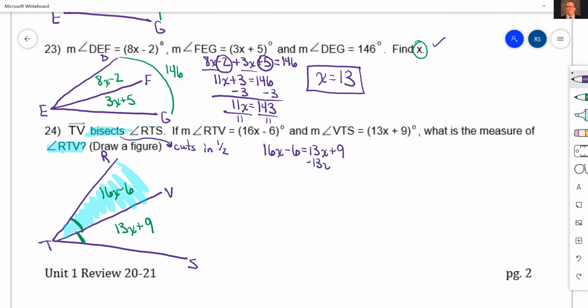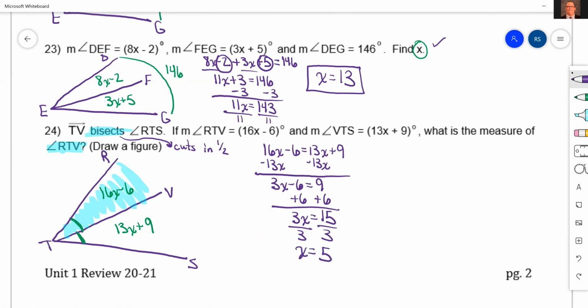So subtract 13x. 16x minus 13x, 3x. Add 6. You're going to get 3x equals 15. Divide by 3, and you get x equals 5.